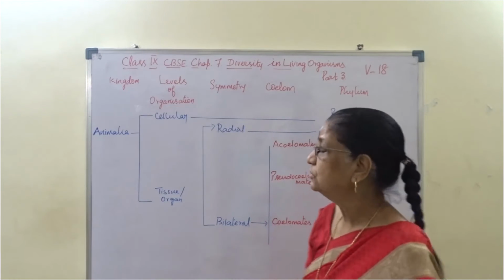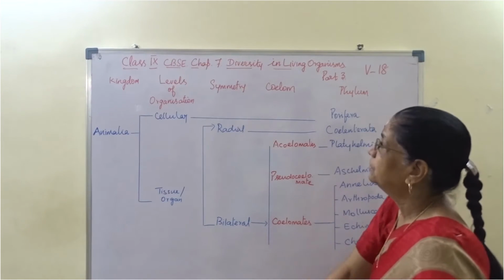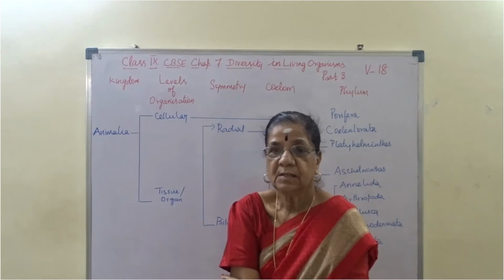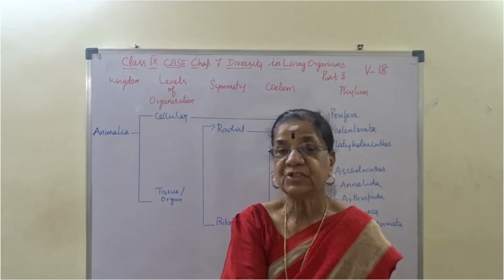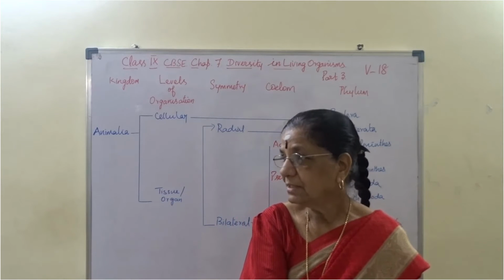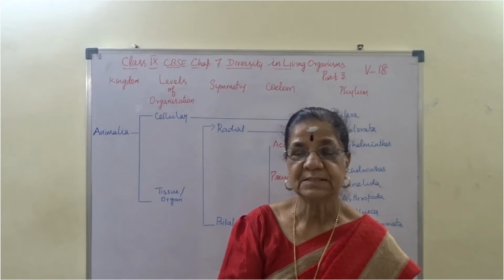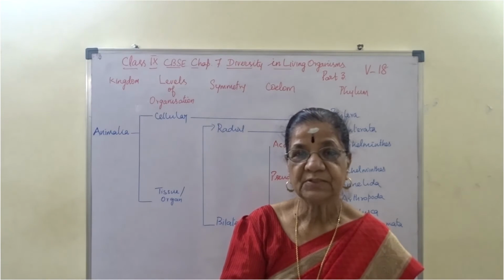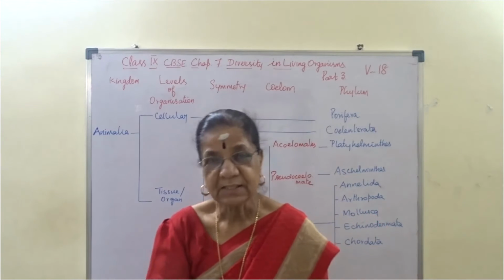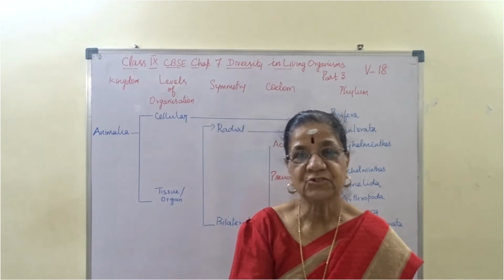Today we are going to continue video number 18, a continuation of chapter 7. We have done videos 14 and 15 as chapter 7, diversity in living organisms, and then I switched to natural resources.